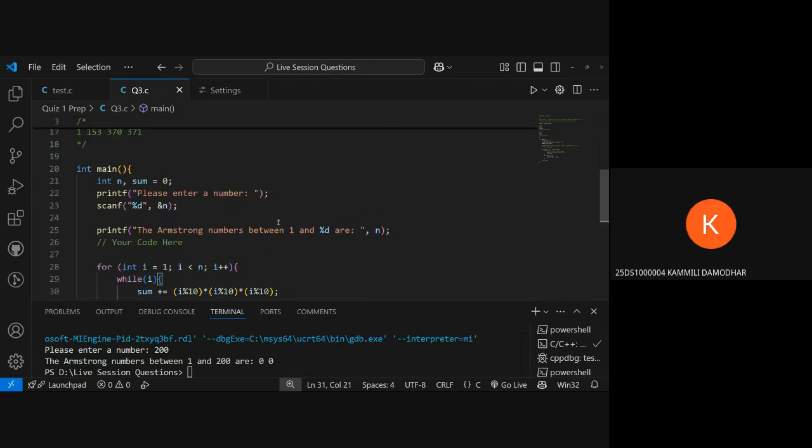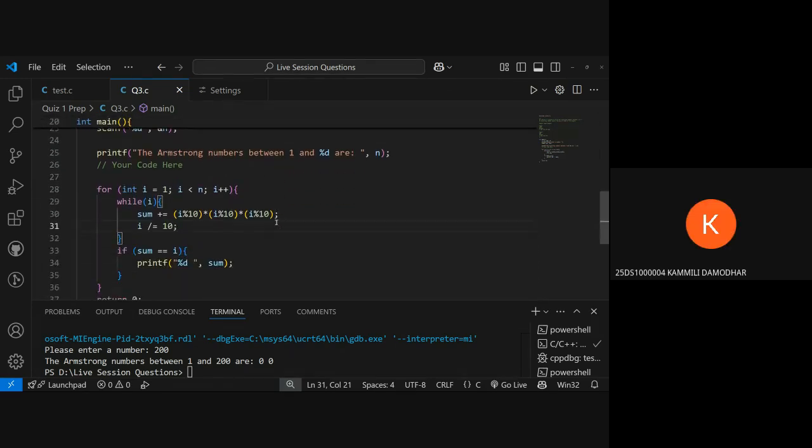So let me tell you one thing. Can I? Yeah, go ahead. After entering the for loop, let me put temp equal to i. Okay. Then i is going to enter into temp. Then in while we'll use the temp value, while of temp, then temp modulus 10.